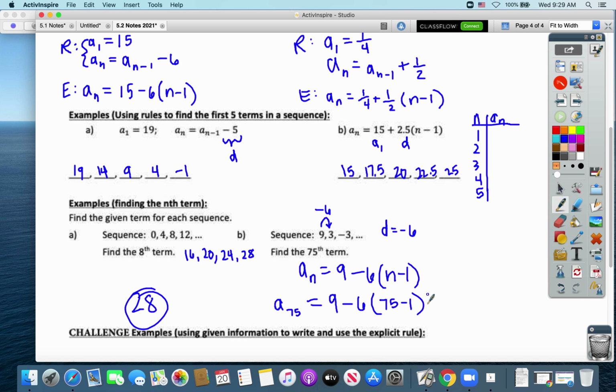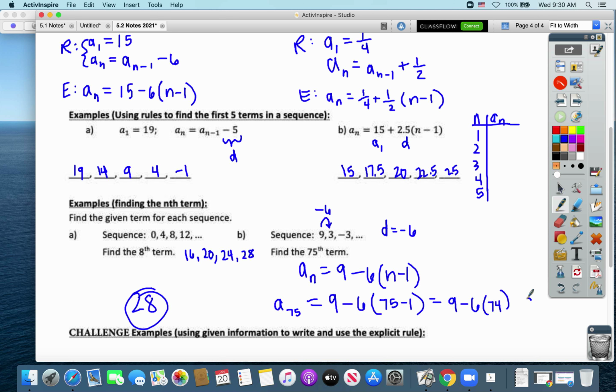So now we have 9 minus 6. We can do 75 minus 1 to get 74. And then order of operations, we want to do -6 times 74 first, which gives us 444.